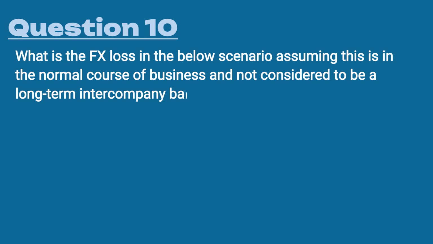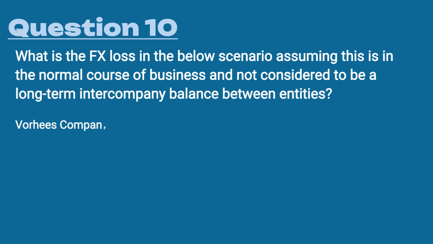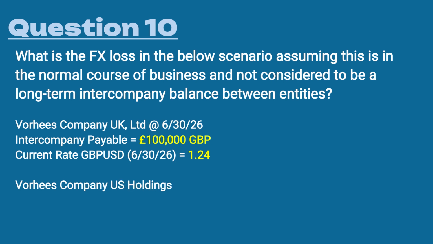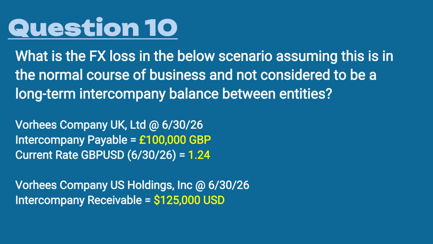Voorhees Company UK Ltd, as of June 30, 2026, has an intercompany payable of £100,000. The current rate GBP to USD as of June 30, 2026 is 1.24. Voorhees Company US Holdings Incorporated as of June 30, 2026 in US dollars has an intercompany receivable of $125,000.